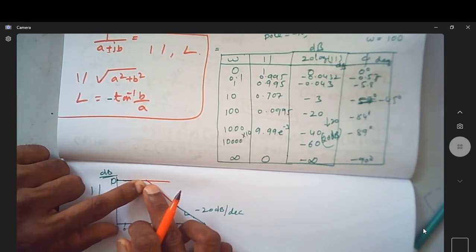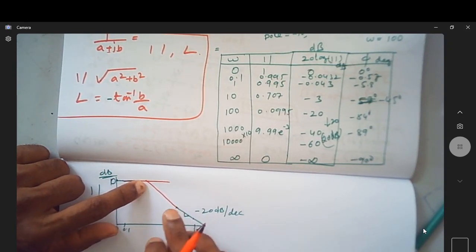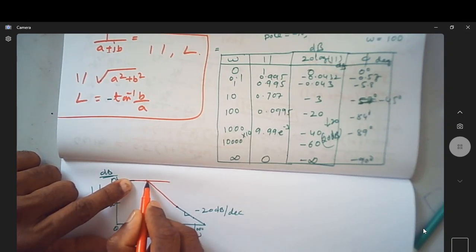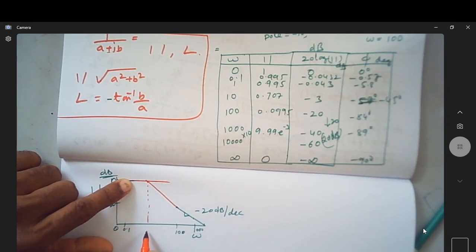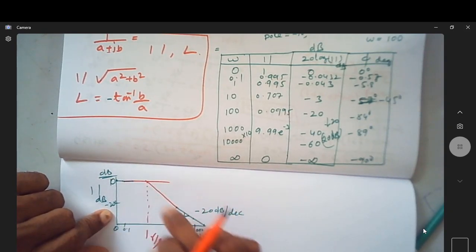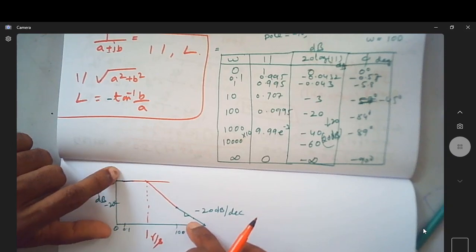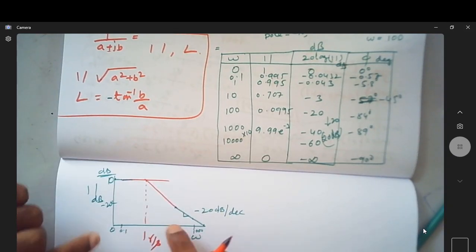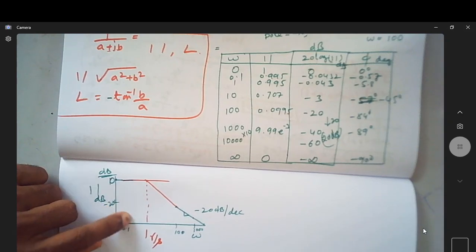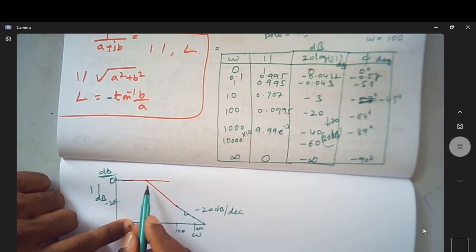If you extend these two lines asymptotically, they actually meet at 1 radian per second. This is asymptotic extension. I am just simply drawing that, extending that. So at 1 radian per second, both of them will meet.